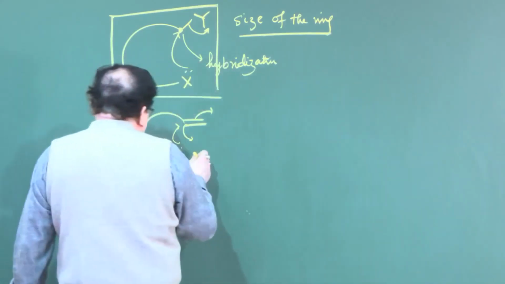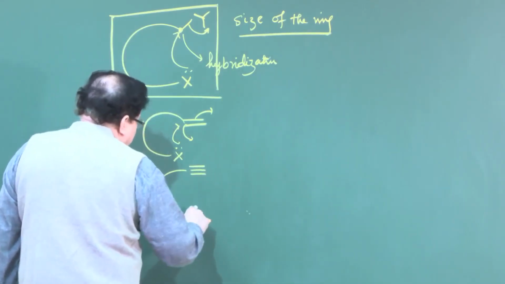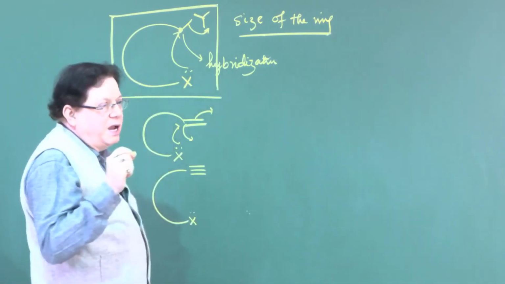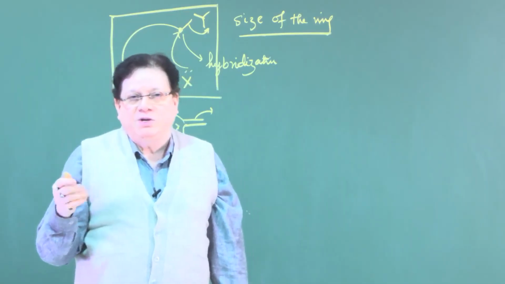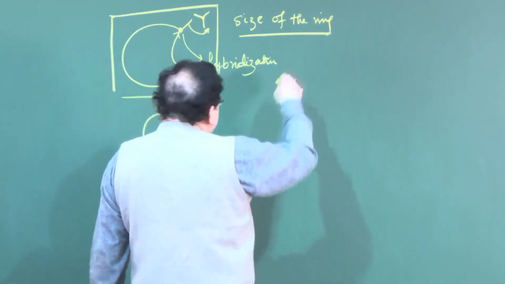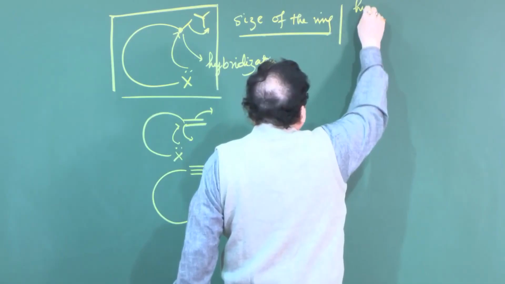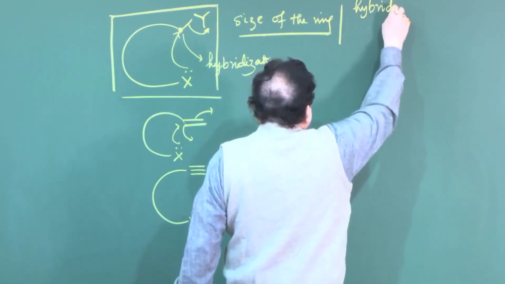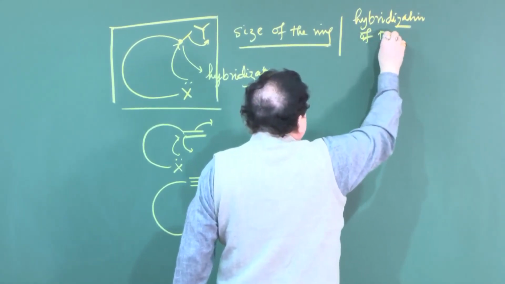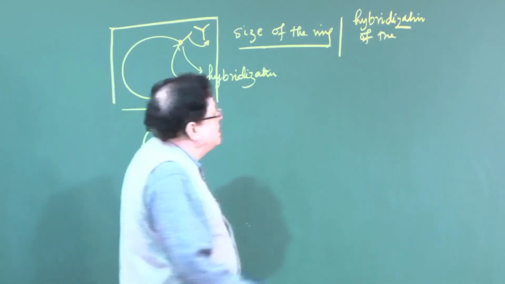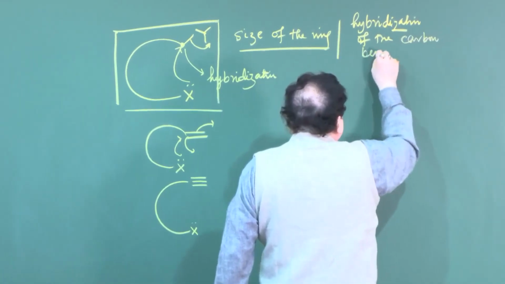And the third possibility is that it could also be sp hybridized. So, depending on the hybridization of the atom being attacked during cyclization, you have another parameter. The size of the ring is one, then you have the hybridization of the carbon being attacked.